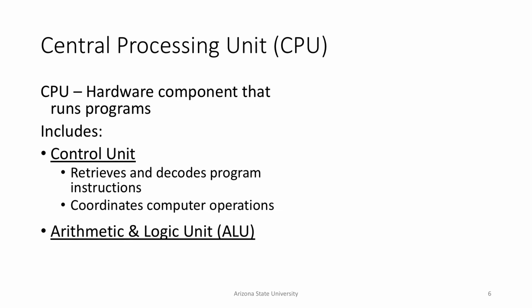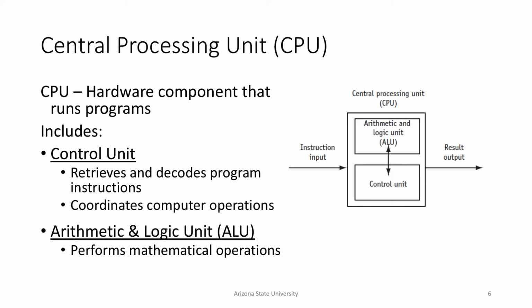When the control unit sees those computational instructions, it forwards them to the ALU, where the ALU can do the fast calculation for you. So it performs the math operations. And this is, at a high level, how it operates.